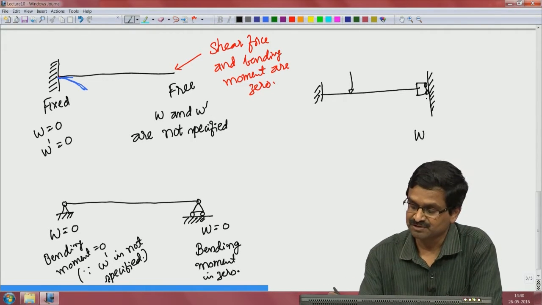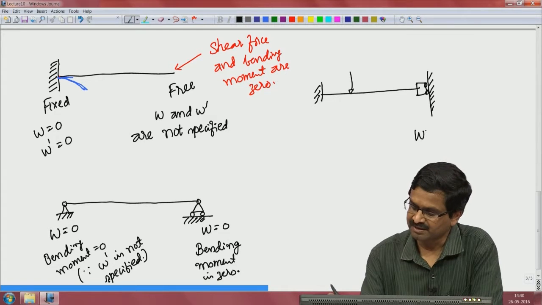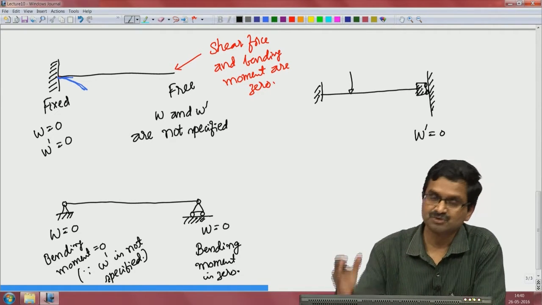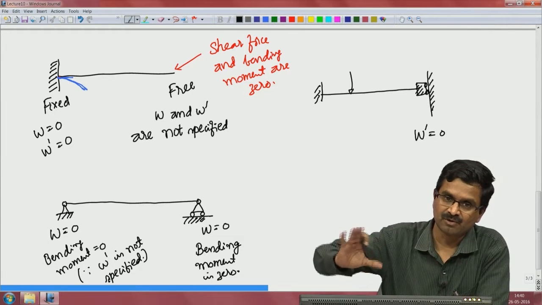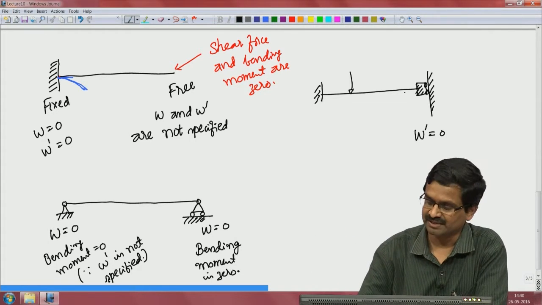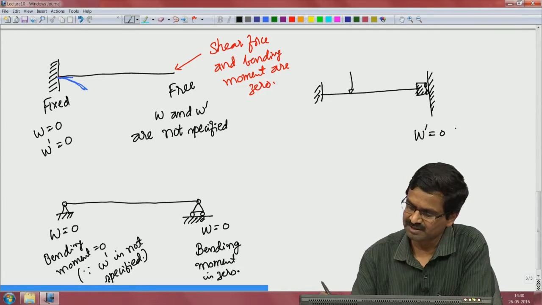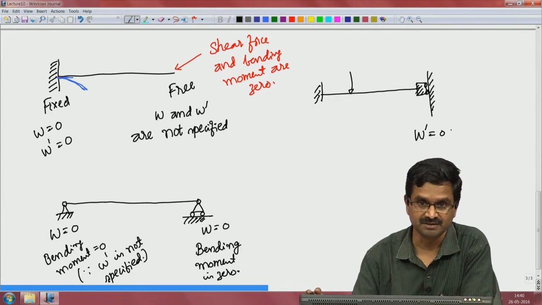So, W is not specified at x equal to L, but W prime is specified because it is a block moving here, and that block has to slide vertically. So, it does not allow the beam to rotate there. W prime equal to 0.